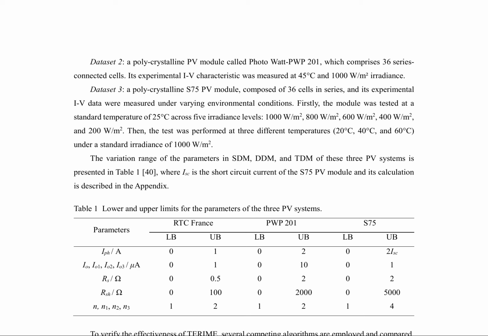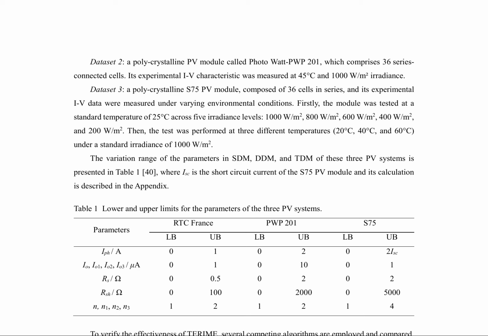The robustness of these algorithms is evaluated through their root mean square error (RMSE) values in extracting parameters for 3 distinct PV systems: a monocrystalline PV cell, RTC France, a polycrystalline PV module, Watt-PWP 201, and a polycrystalline S75 PV module. Experimental IV characteristics of these PV systems were measured under diverse environmental conditions.